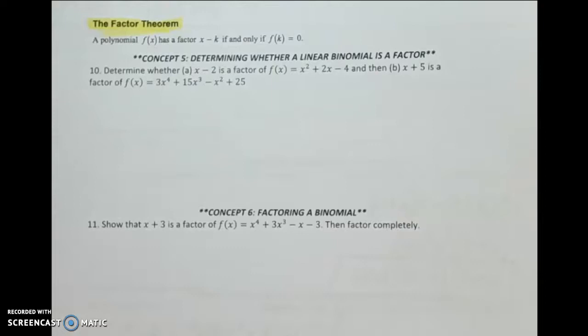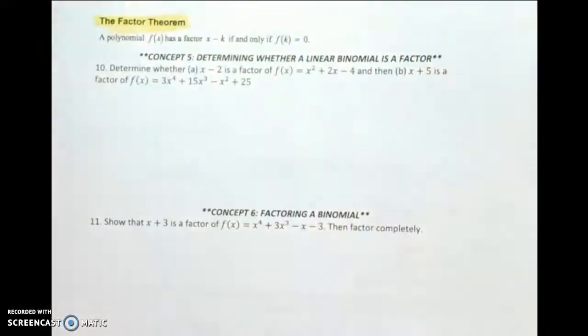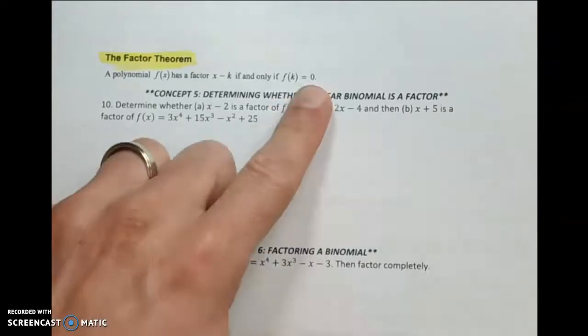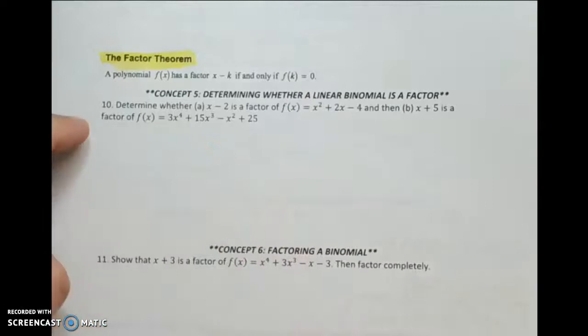It says a polynomial f of x has a factor of x minus k if and only if f of k equals 0. So like that remainder theorem, where we got the answer from the synthetic division through the remainder. Well, now the remainder actually has to equal 0, and if it does, then it is a factor of the polynomial. So we're factoring that way.